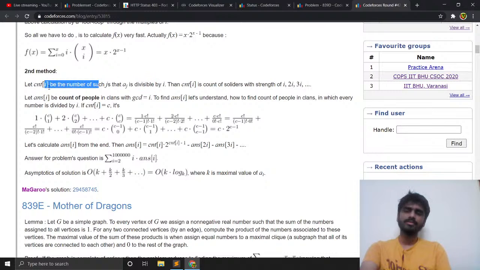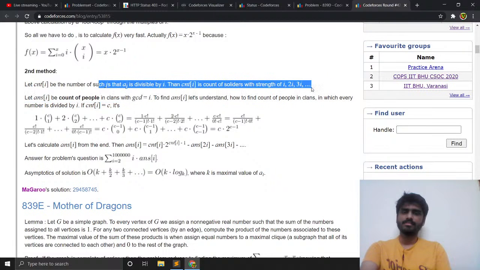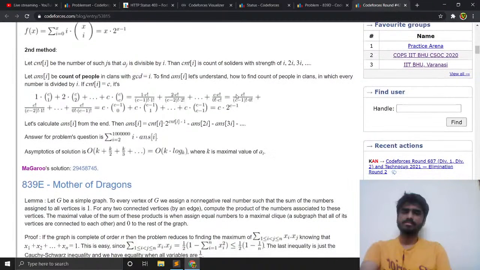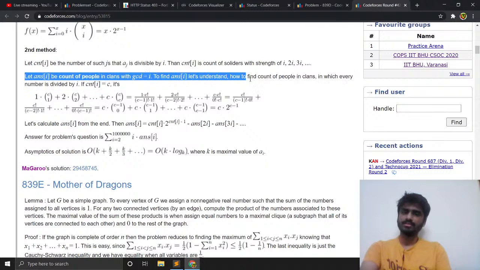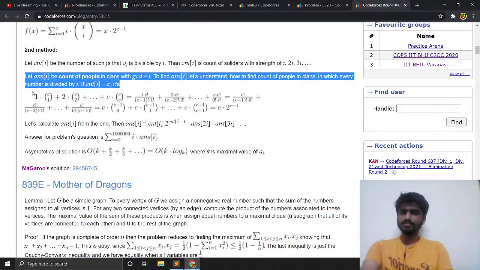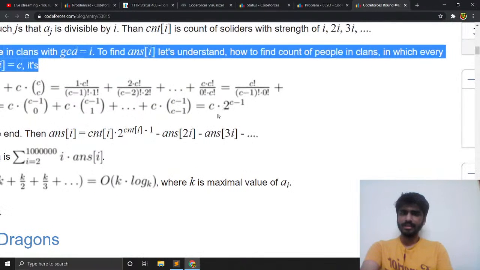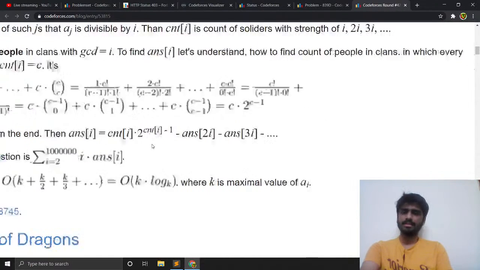Okay, so I think I was doing something along the lines of this. Yes, so I did this. Okay, I was doing this also. C into 2 to power c minus 1. Yes, I did this also.